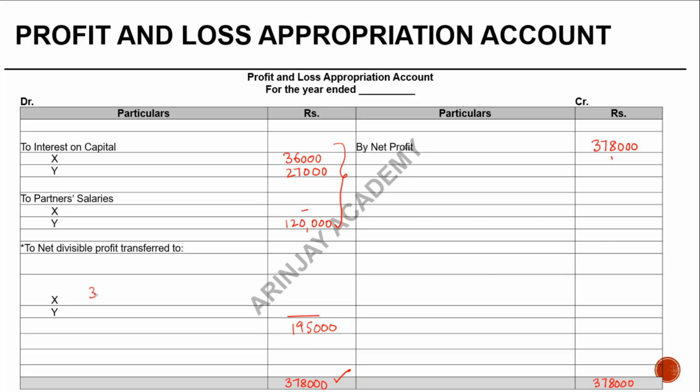X gets 3/5 of 1,95,000. Y gets 2/5 of 1,95,000. When you do the calculation, you're going to get 1,17,000 here, 78,000 here, and the sum of these two is 1,95,000. So that's how your profit and loss appropriation account was prepared for the year ended 31/3/2016.